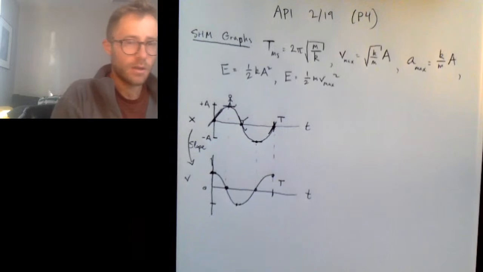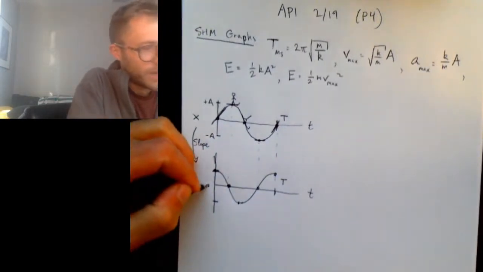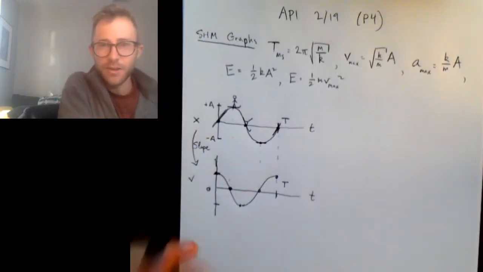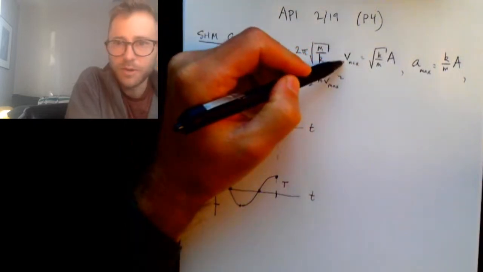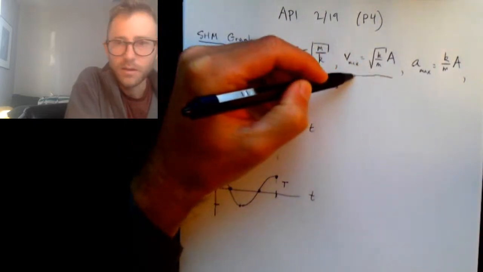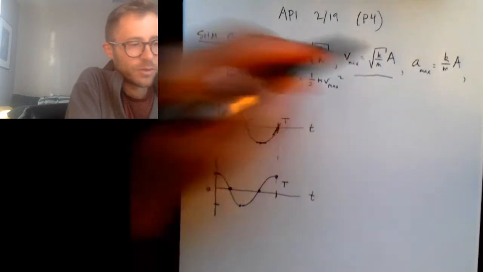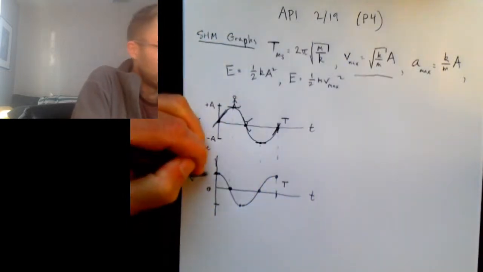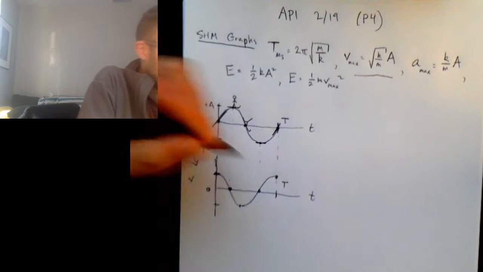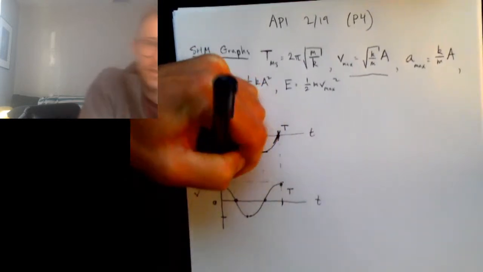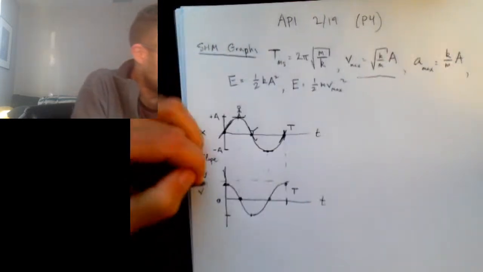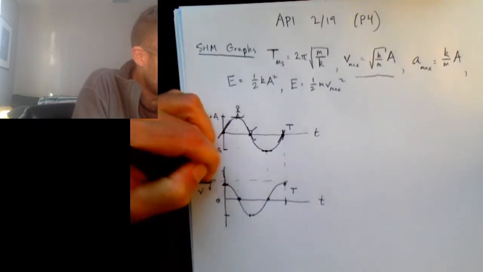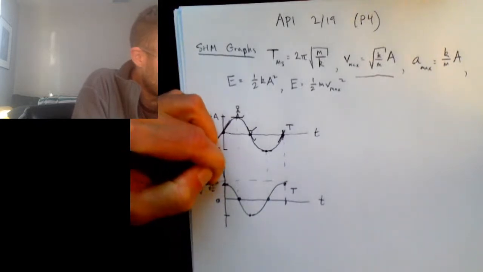To do that, I notice that I have an equation for the maximum velocity. It's right here: the maximum velocity is square root of k over m times the amplitude. So right here is the maximum value of the velocity. This must be square root of k over m times a.